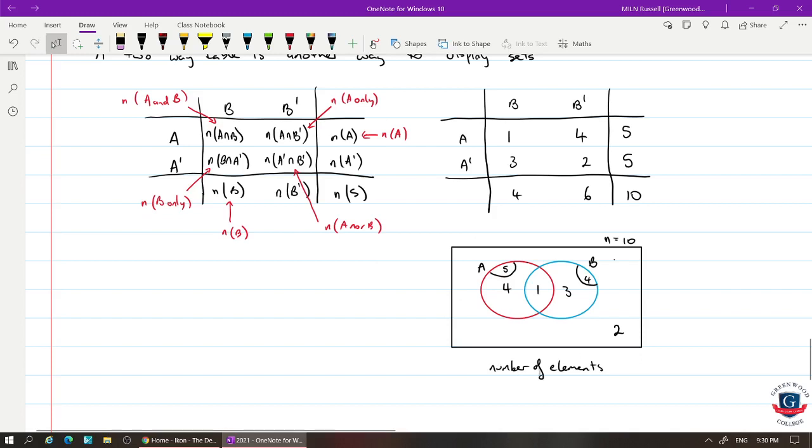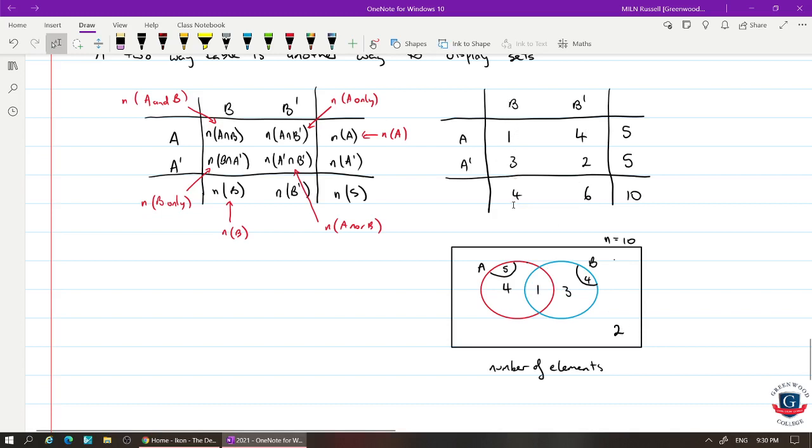And if you look at this Venn diagram, it relates to the numbers in this two-way table. Sorry, A only is here, B only is there, the intersection is there, A nor B is out here.